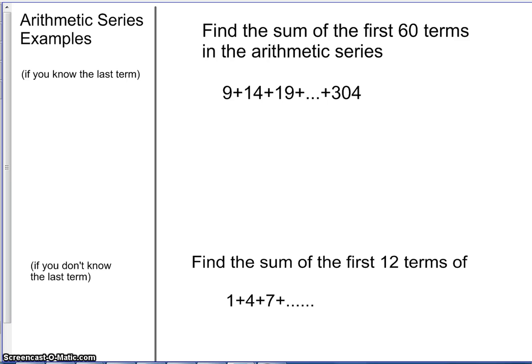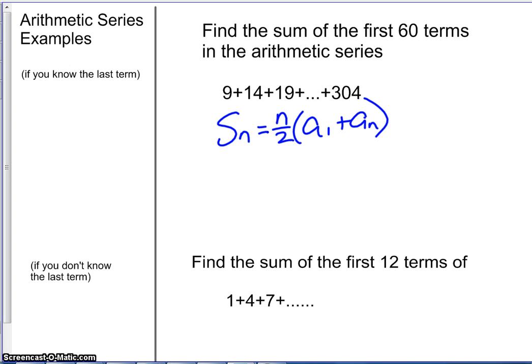Now it tells us here my first term and my last term. And then we want to know what is the sum of my first 60 terms. Well, I know that my sum formula is I take the number of terms divided by 2, and multiply by my first term plus my last term.